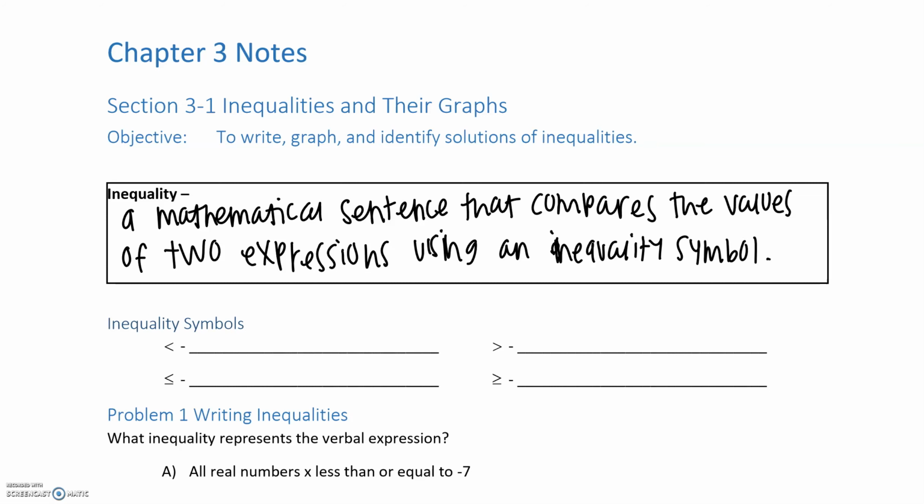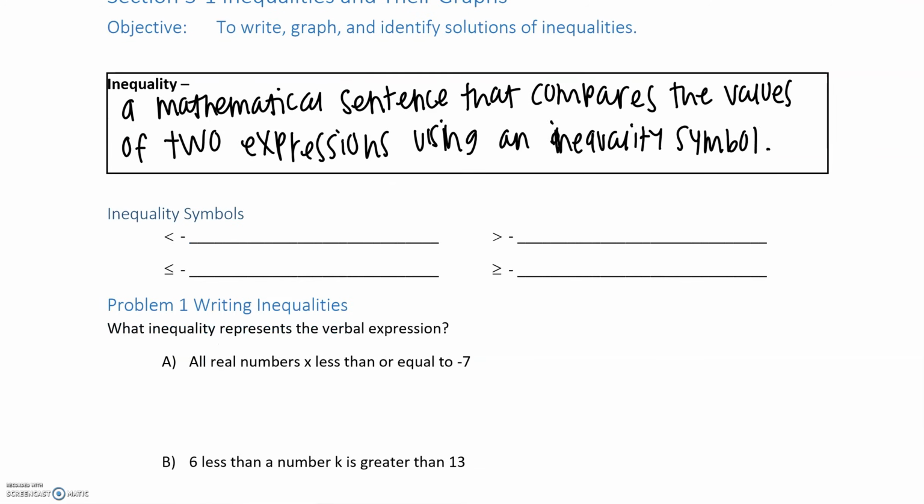symbol. So I know most of you have seen these before, but if you can't remember what each one stands for, so if we have our caret pointing to the left, that means we have less than. If we have our caret pointing to the right, it's going to be greater than. Okay, and if we have a caret pointing to the left with a line under it, that means we have less than or equal to.